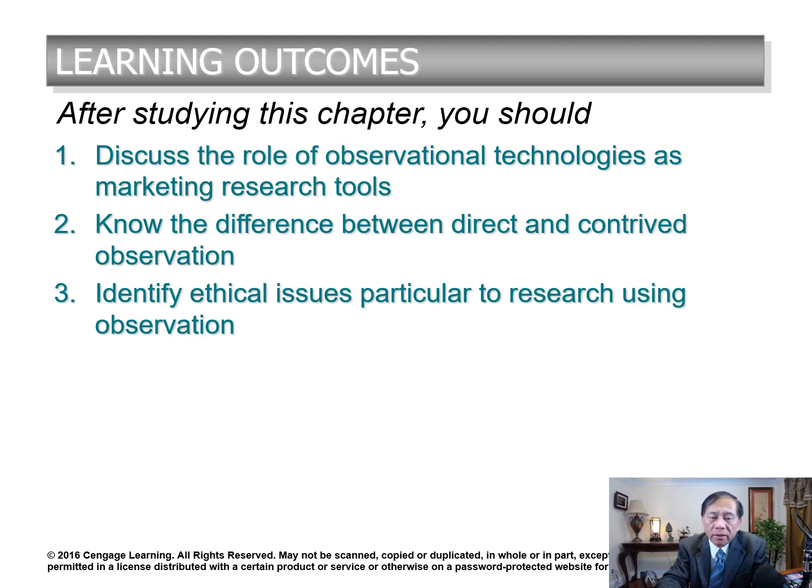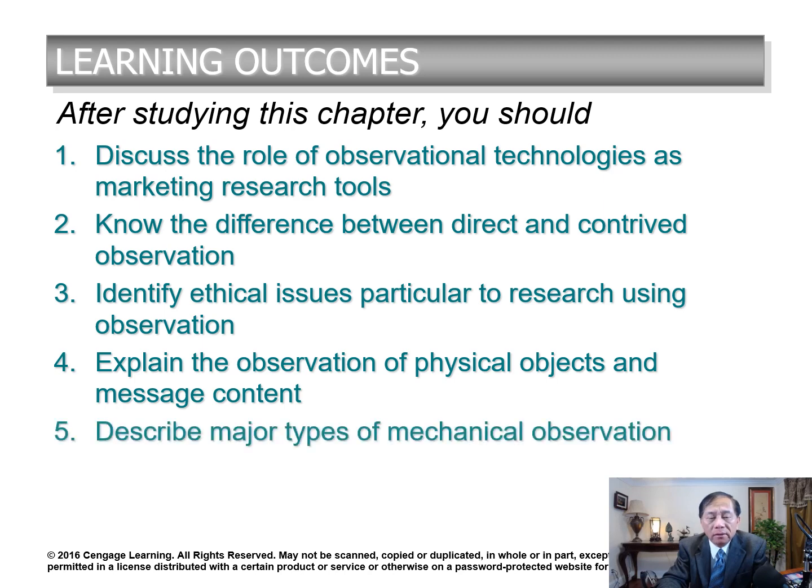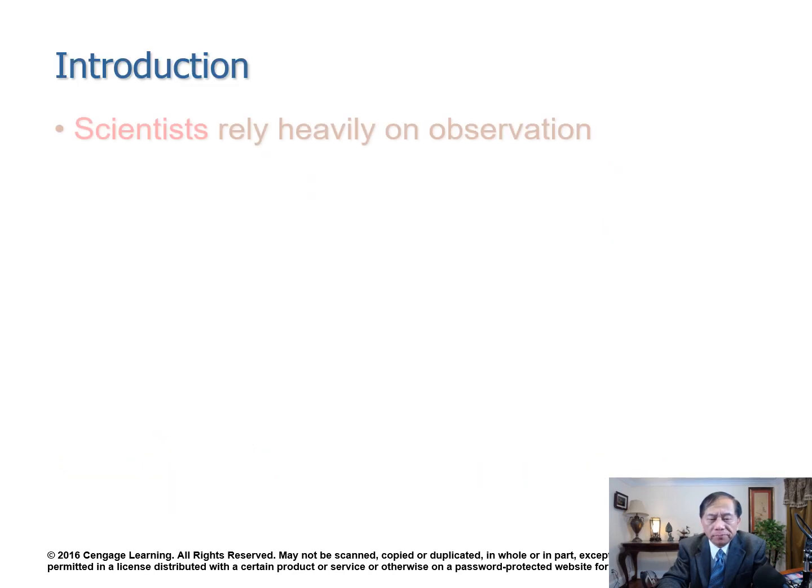There are many ethical issues involved if you conduct observation as a research method. And explain the observation of physical objects and message content. Describe major types of mechanical observations and summarize techniques for measuring physical reactions.